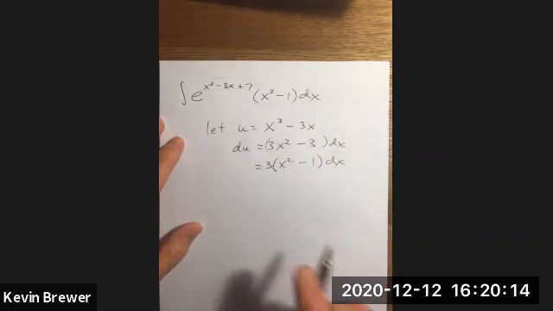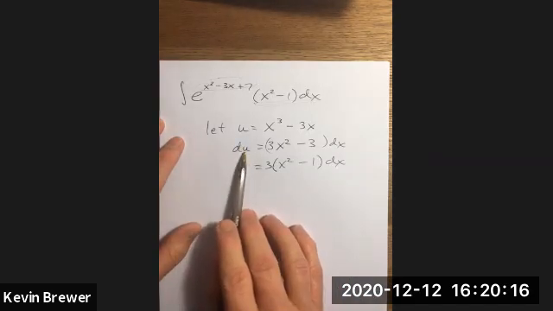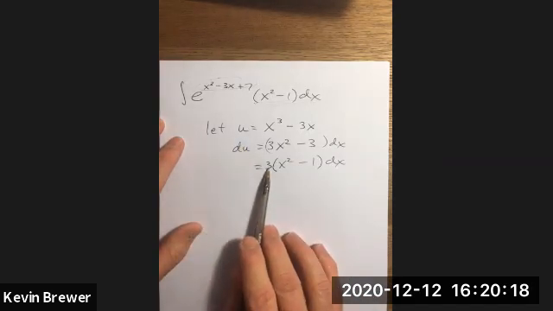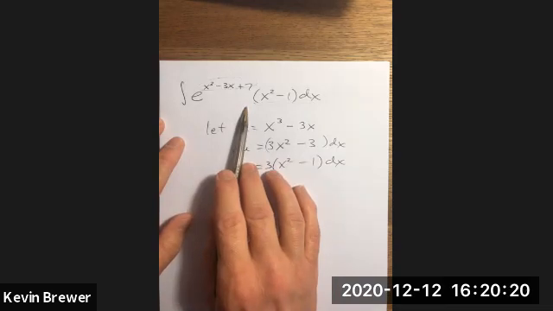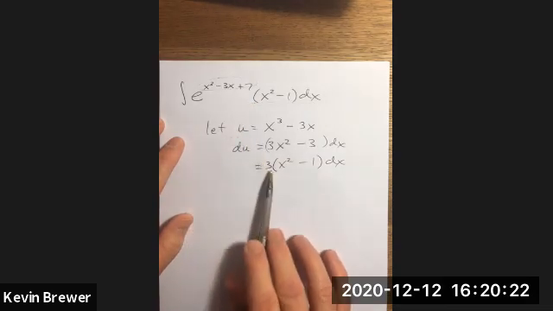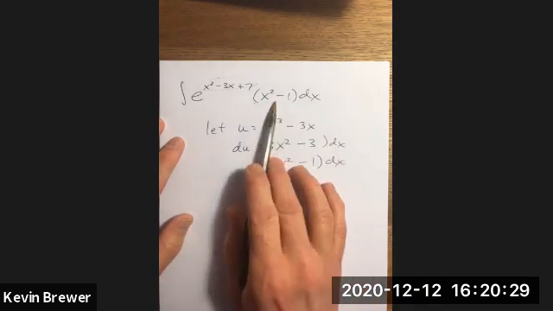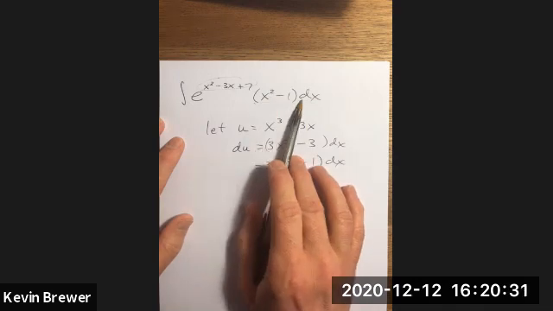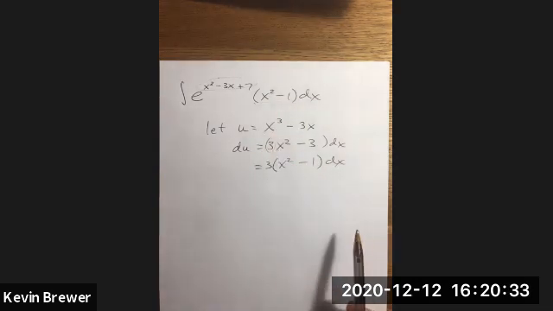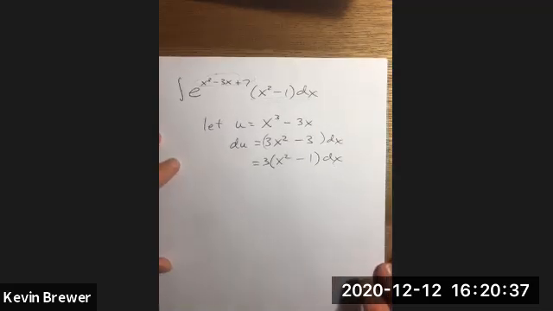So our du is really 3 times x squared minus 1 dx. And what we have up here is just x squared minus 1 dx. So we really are back in the same position that we were earlier.